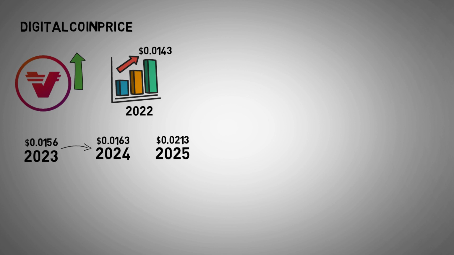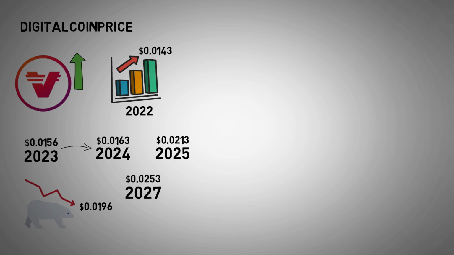There will be another rise to $0.0213 in 2025, it believes, before the market turns bearish and the price falls back down to $0.0196 the following year. The token will then make a recovery, digital coin price thinks, hitting $0.0253 in 2027.